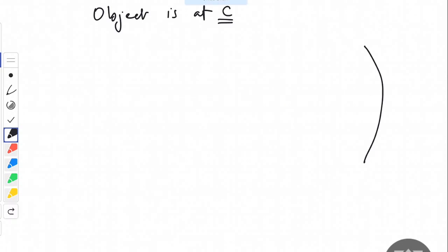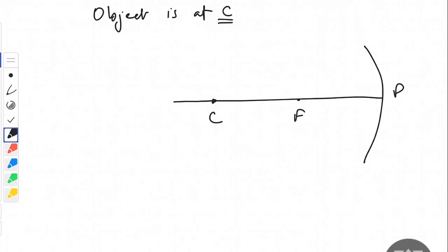Let me draw again nicely. This I like. This is the pole. Now let's say this is your center of curvature and this point is the focus.